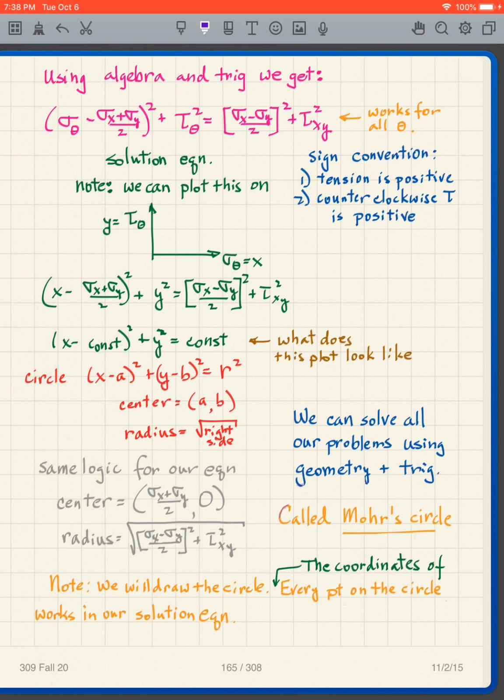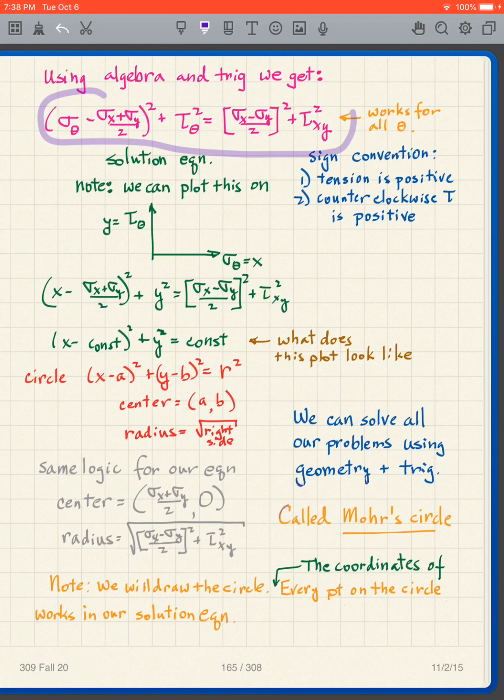Now, the way that it's solved typically, I'm not going to go through this using algebra and trigonometry. If you work hard enough in some trig identities, you can get down to this expression here.